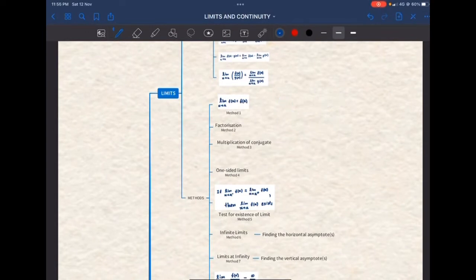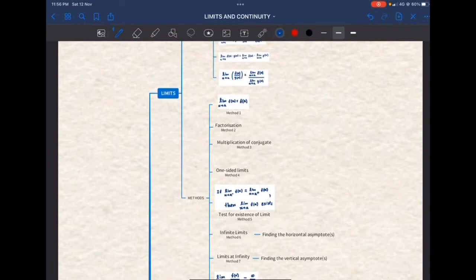Method 2 would be factorization, because sometimes when we sub in the value of a directly, we will get an undefined value such as 0 over 0. So the only way we could solve questions for limits would be by factorization or by multiplication of conjugate.